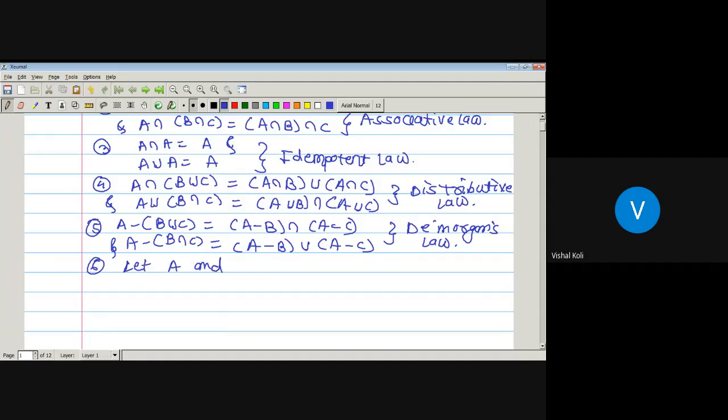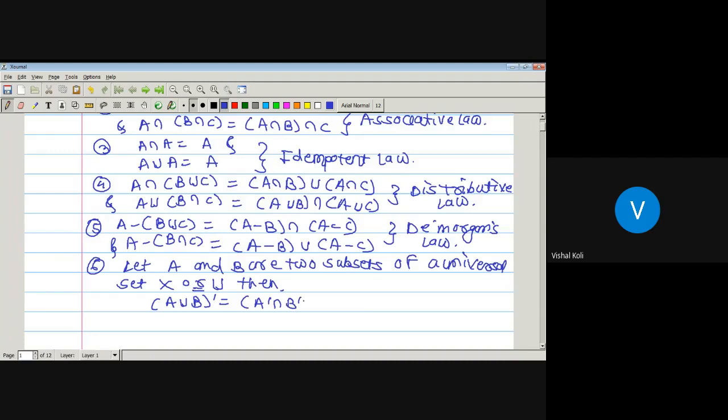And last one, let A and B be two subsets of a universal set X or U. Then (A union B) complement is nothing but A complement intersection B complement. This dash is nothing but complement.